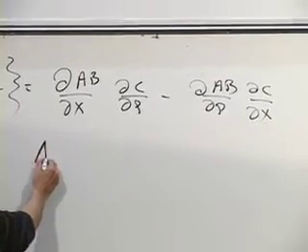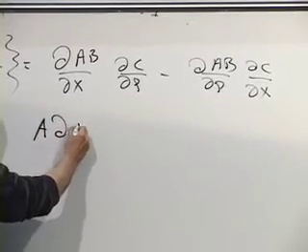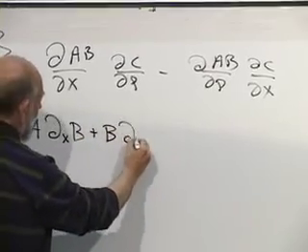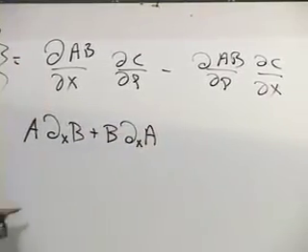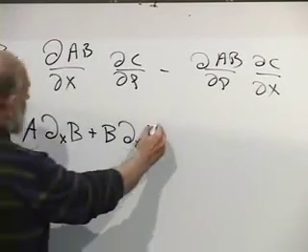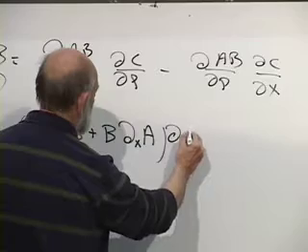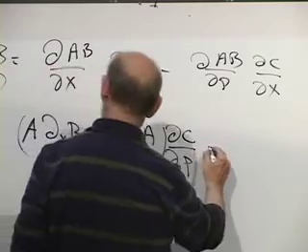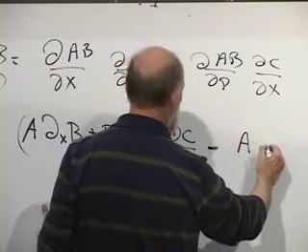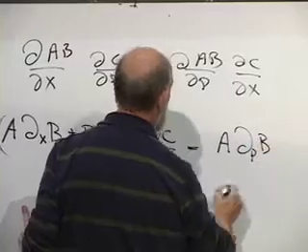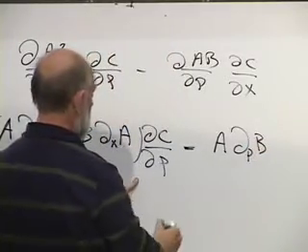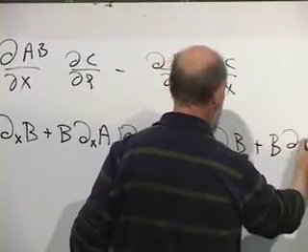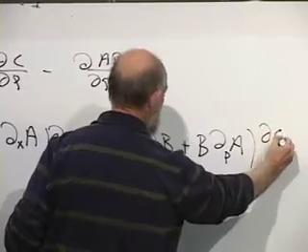That's A times the x derivative of B plus B times the x derivative of A, all times the derivative of C with respect to p. And this one is minus A dpB plus B dpA, all times dC by dx.